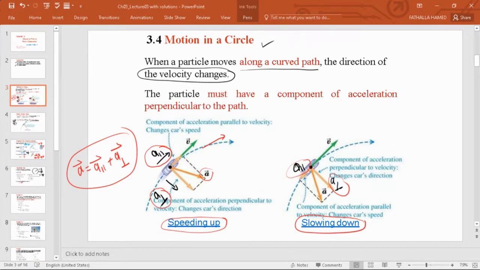But the A parallel is the one which could be along the direction of your velocity or opposite to it, and that's responsible for changing your speed or the magnitude of your velocity. And in these two cases, we're talking about when you're speeding up and when you are slowing down. Is this clear? Any question on this? So we dealt with this in the previous lecture.